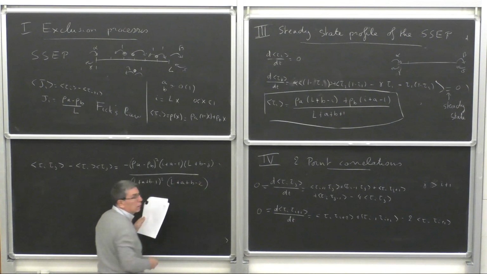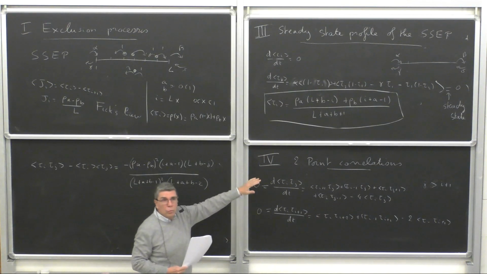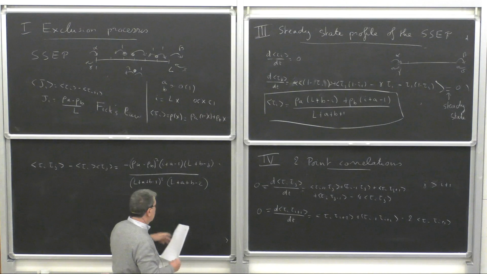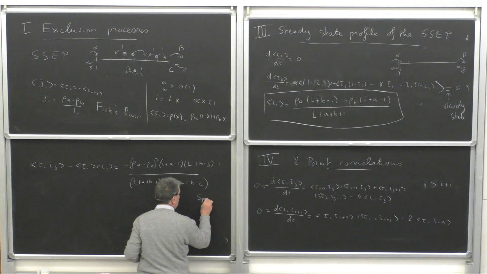Okay, whatever these precise expressions are, there is absolutely no difficulty to solve these equations, and this was already obtained more than 40 years ago by Spohn. I think it's in 84.